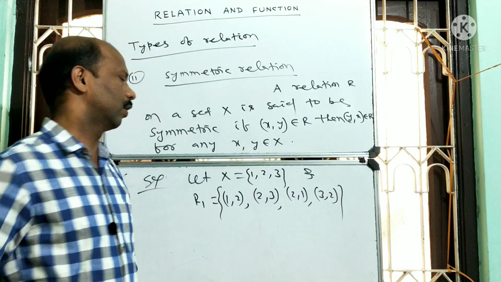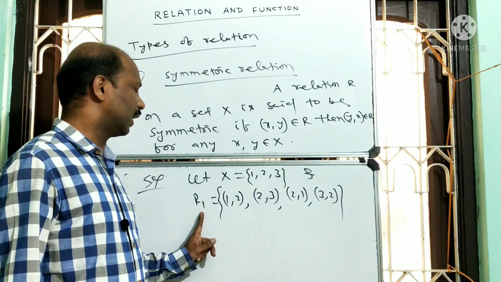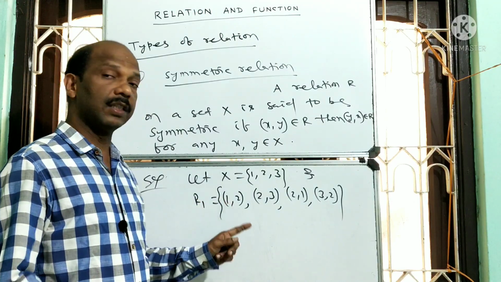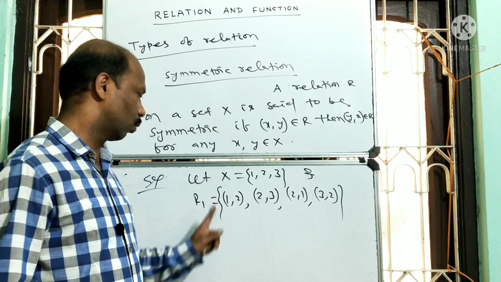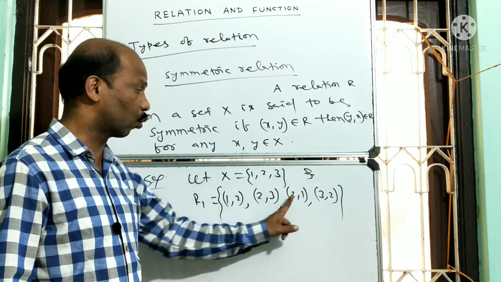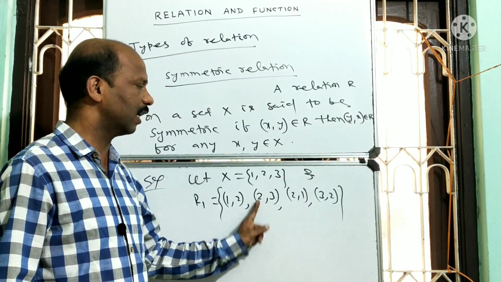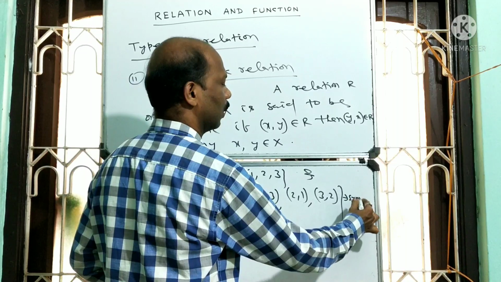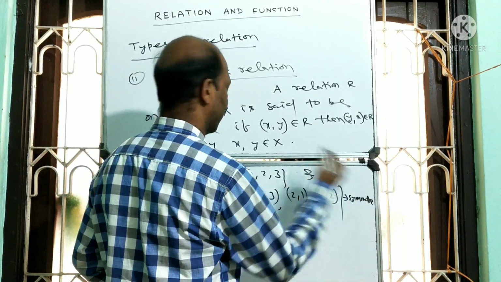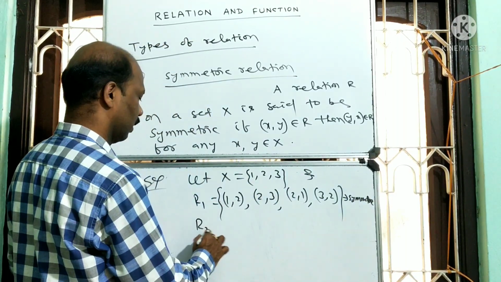Here, R1 relation contains (x, y), then (y, x) must be there. (1, 2) is there, (2, 1) is there, (2, 3) is there, (3, 2) is there. So this is a symmetric relation. Symmetric. Number 2, R2.